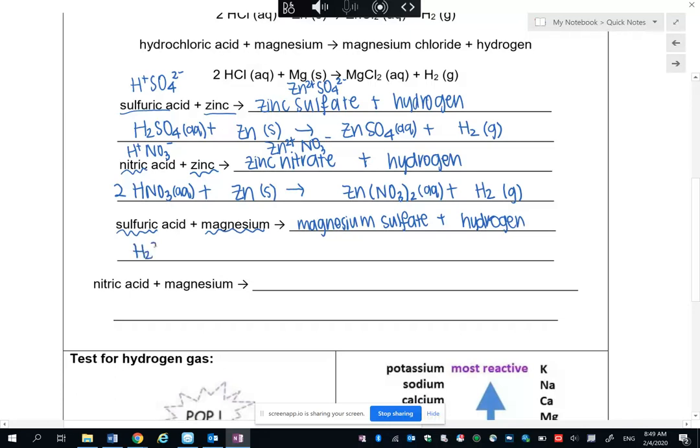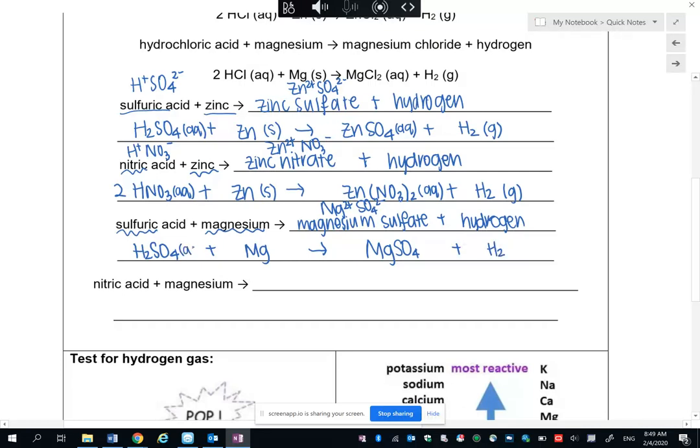So sulfuric acid is H2SO4. Magnesium metal is Mg. It's by itself. Acid plus metal give you salt plus hydrogen. So magnesium sulfate, Mg2 plus, SO4 2 minus. So 2 plus and 2 minus will cancel out. So you get MgSO4 plus hydrogen gas.